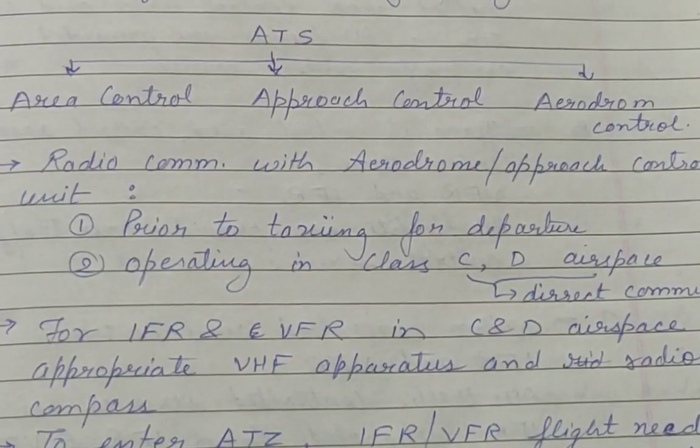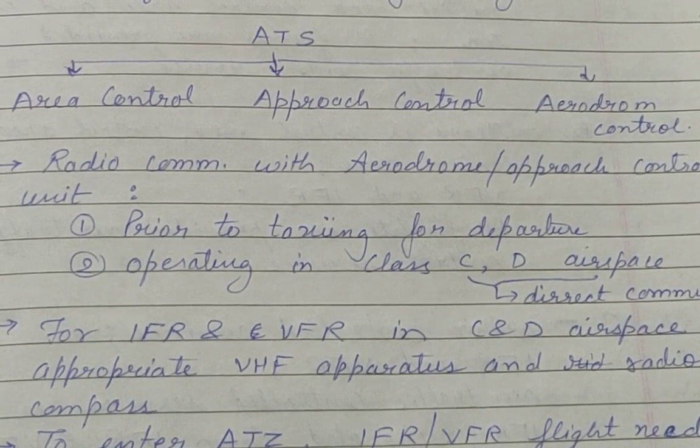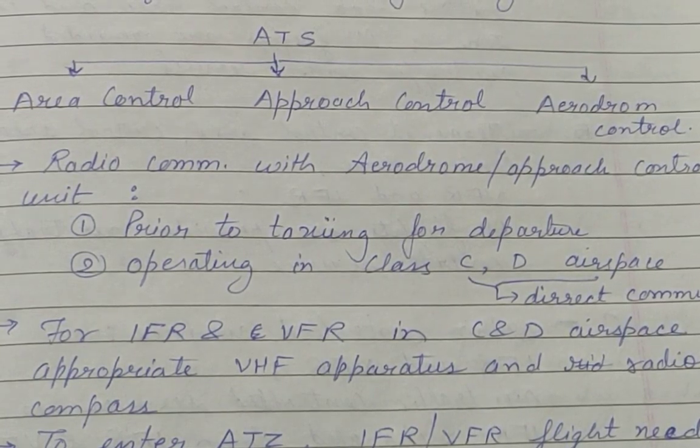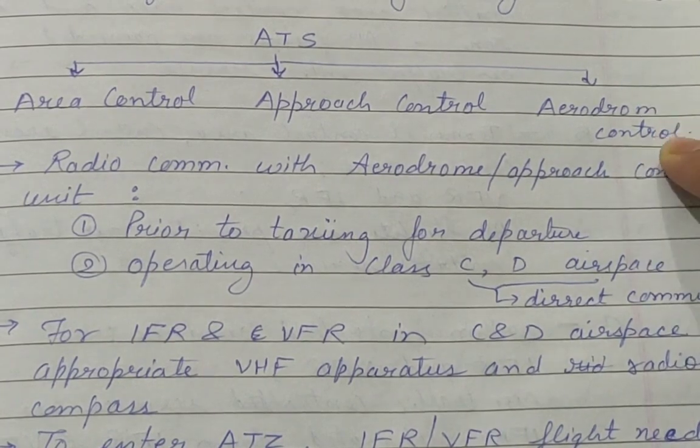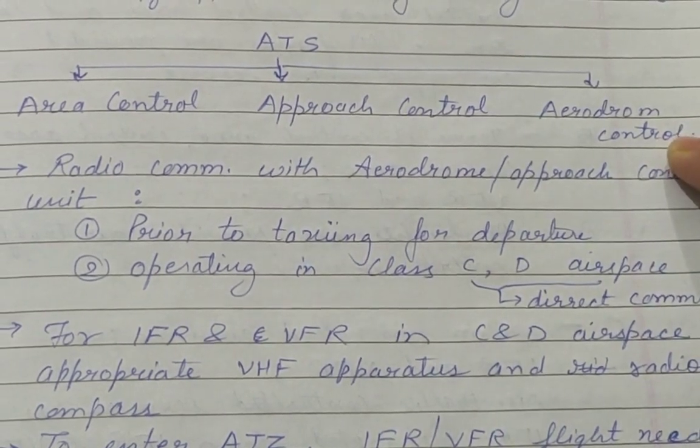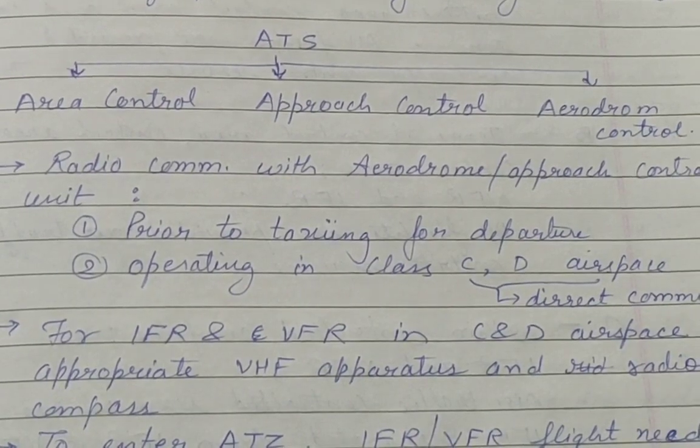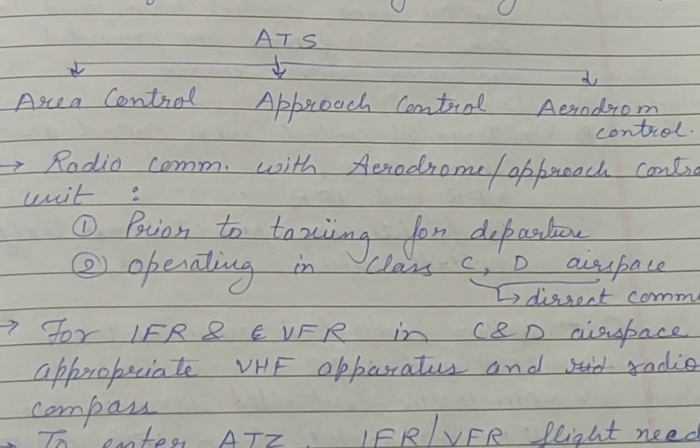Air traffic services can be divided into three parts: aerodrome control service, approach control service, and area control service. As the name suggests, aerodrome control service is within the vicinity of the aerodrome only.